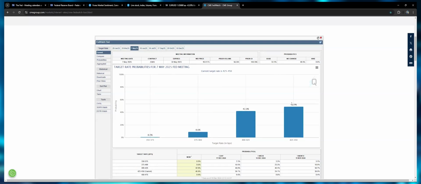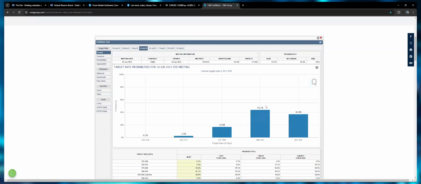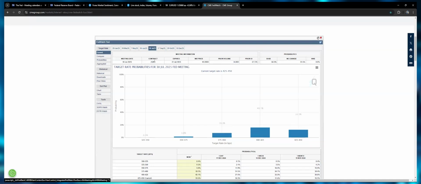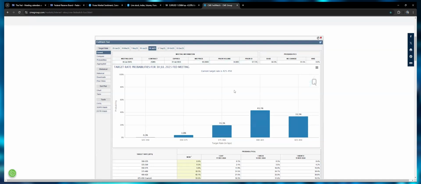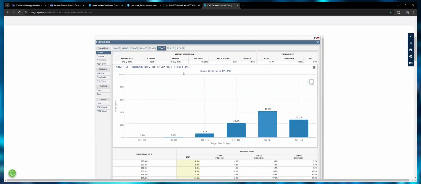And then we go to May. Again, 48% is predicting a pause. And then we go to June, and then we have a 25 basis point cut. Then July, again no changes. Then September, no changes. Then October, no changes. Then December, no changes.